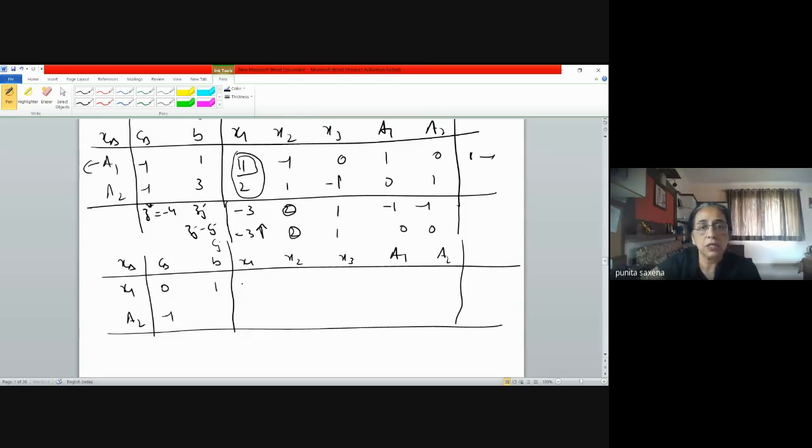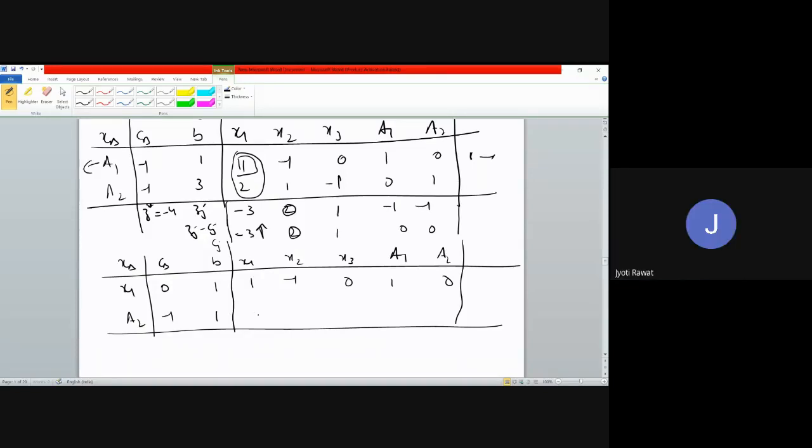We are not changing this. Now, R2 to R2 minus 2R1, right? So 1, 0.